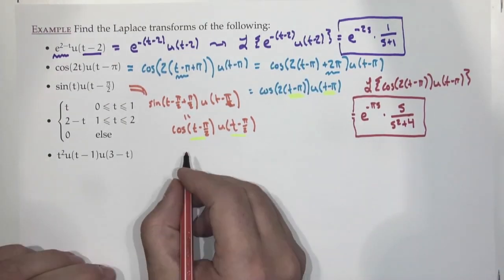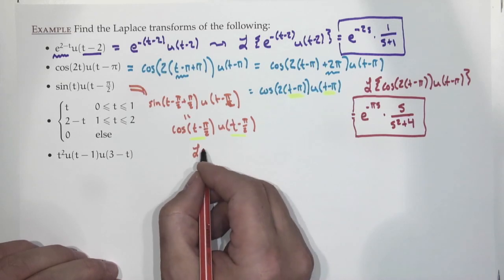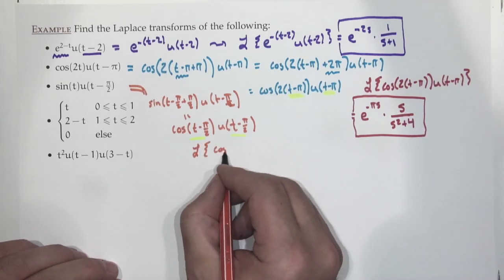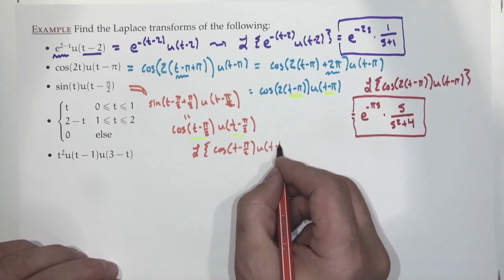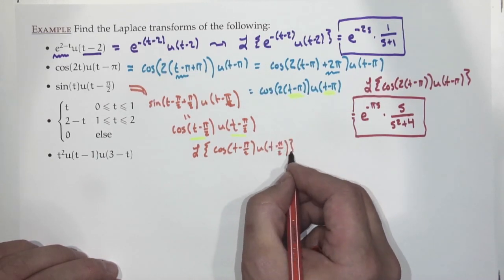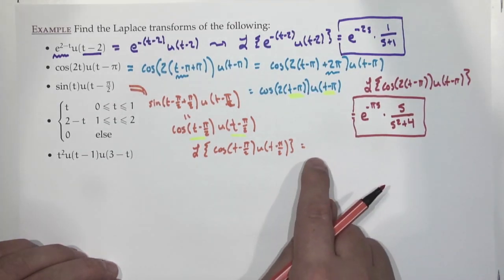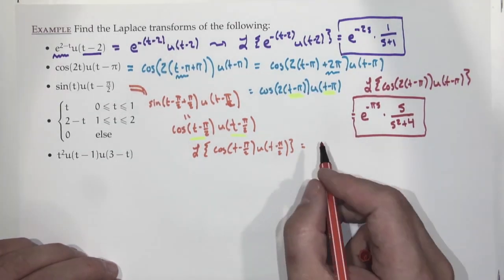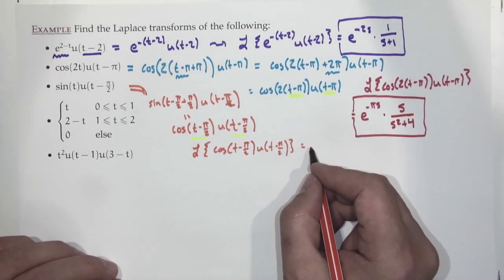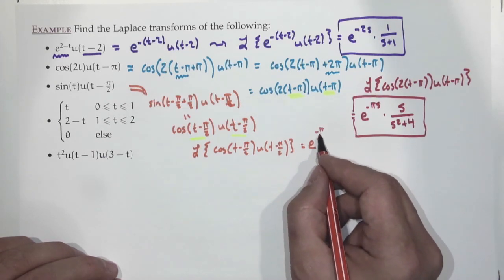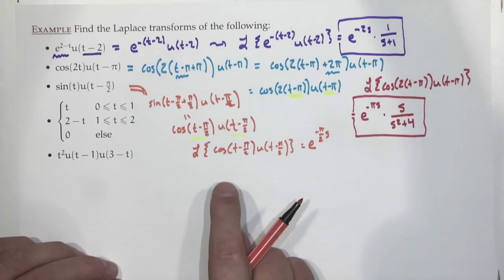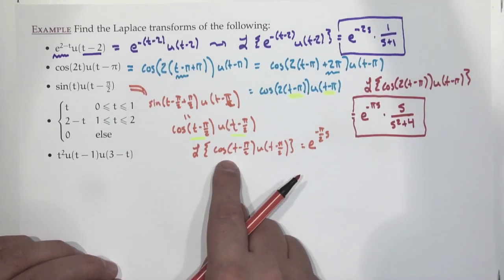All right, so what do we have? Well, it says the Laplace transform of cosine of t minus pi halves, u of t minus pi halves will be, well, what's in the exponential function? Negative pi halves s. Okay, and then we come to our piece here.